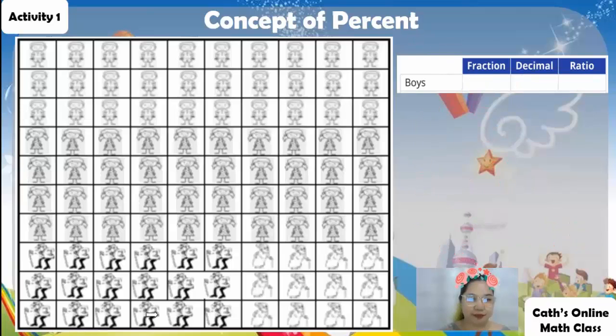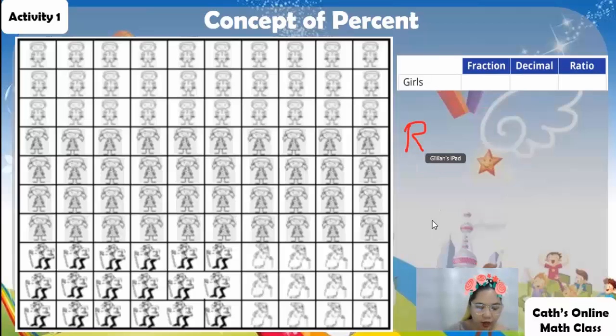Next, how about the girls? Let us now count the girls. Remember the easiest way I counted the boys, by just multiplying the rows and the columns. Let's do that again. How many rows are there? This time, 1, 2, 3, 4.